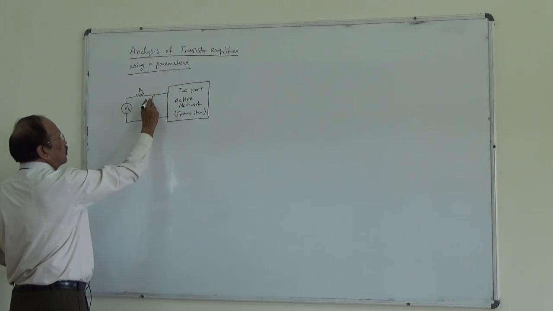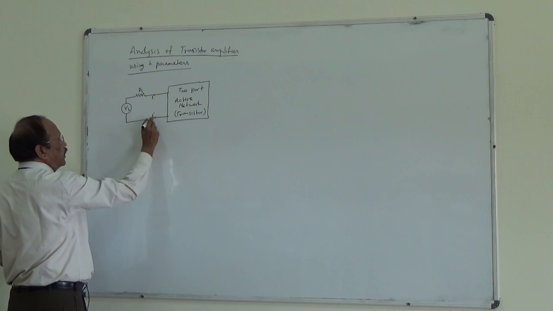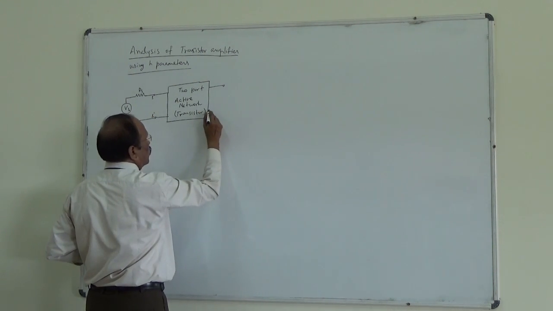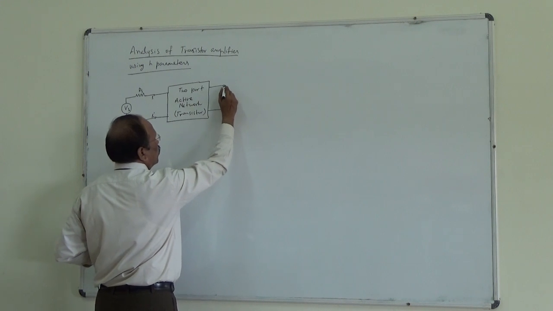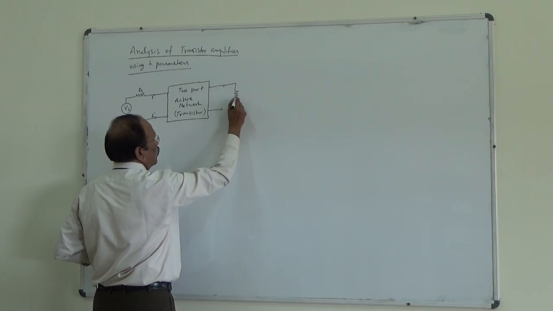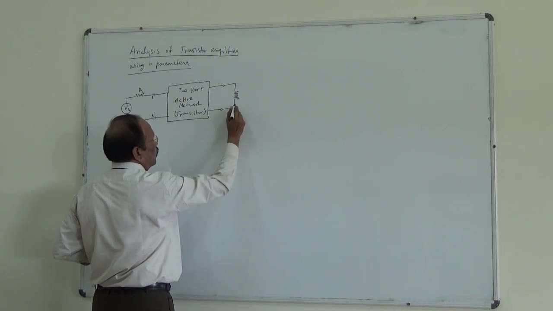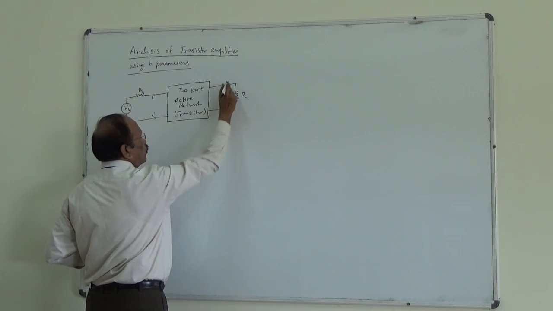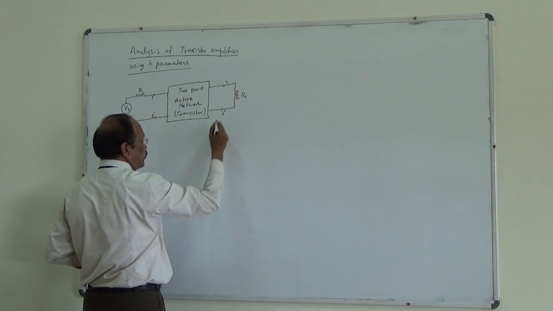So this is 1 and 1 dash, the input port. Then here at the output we can connect a load resistance RL. This is 2 and 2 dash.